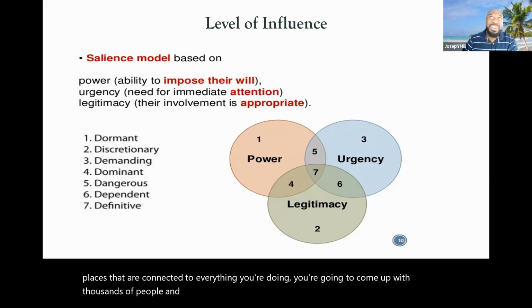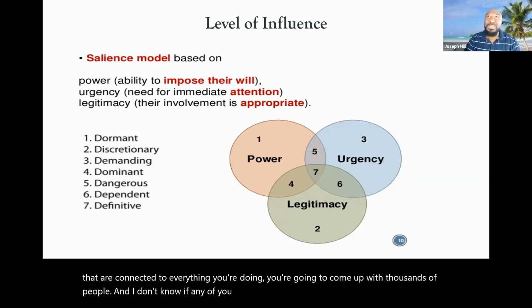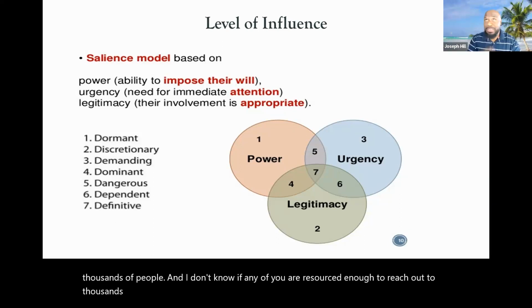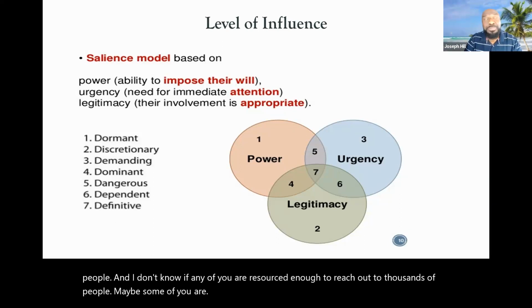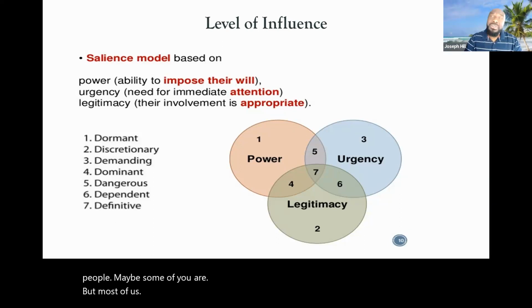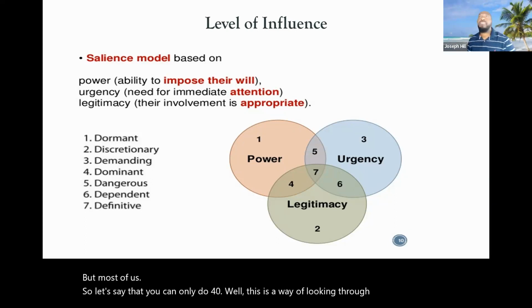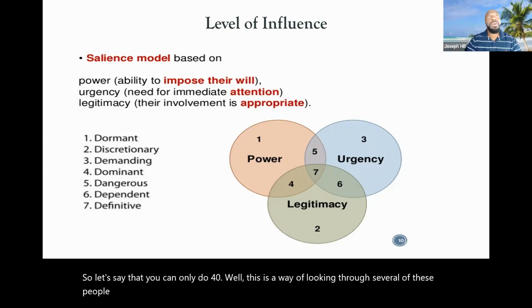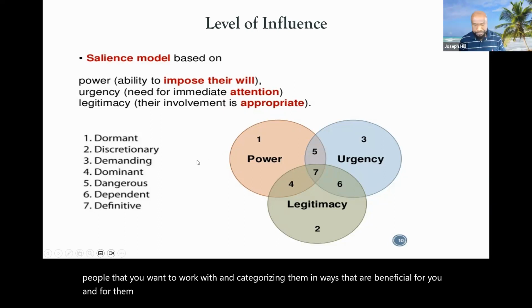And I don't know if any of you are resourced enough to reach out to thousands of people. Maybe some of you are, but most of us aren't. So let's say that you can only do 40. Well, this is a way of looking through several of these people that you want to work with and categorizing them in ways that are beneficial for you and for them.